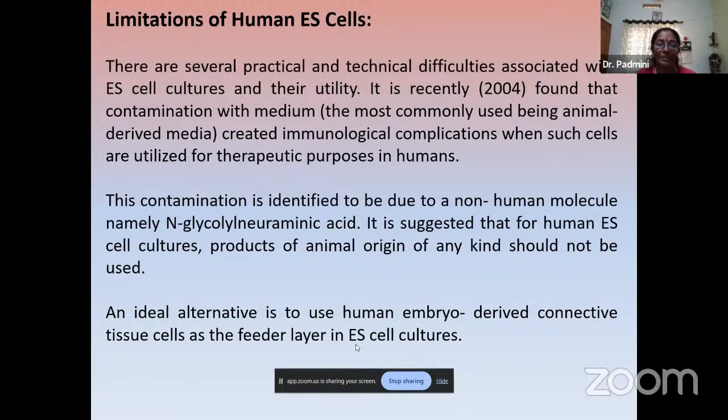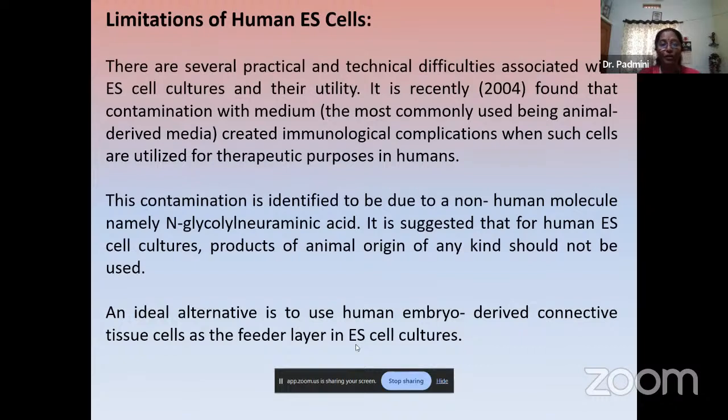This contamination was identified to be due to a non-human molecule, namely N-glycolylneuraminic acid, which is found only in animals and not in humans. So it is suggested that for human embryonic stem cells, products of animal origin of any kind should not be used.